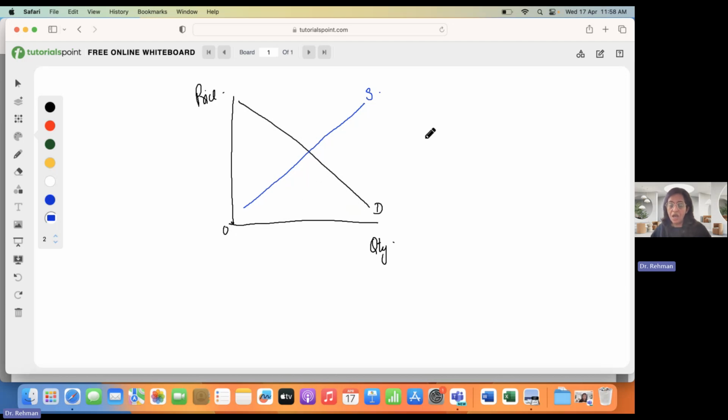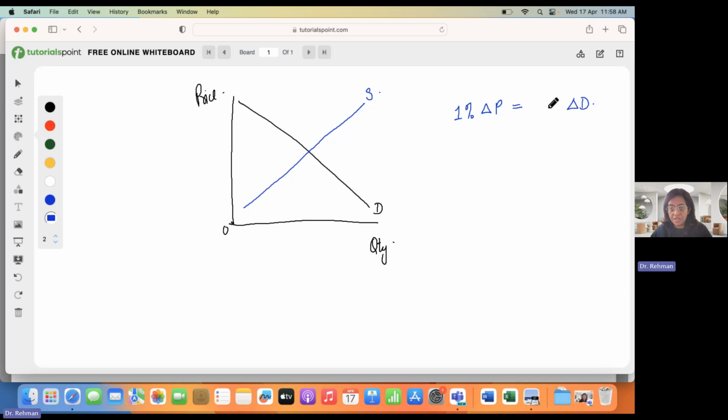Now, when I say that the demand is changing, there is another thing that is important. If I change the price by 1%, how much percent will I see the change in demand? Will it be 1%? Will it be 2%? Will it be 5%?